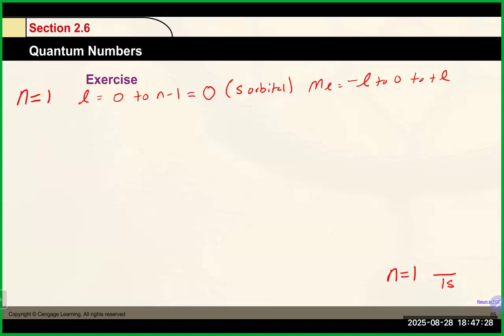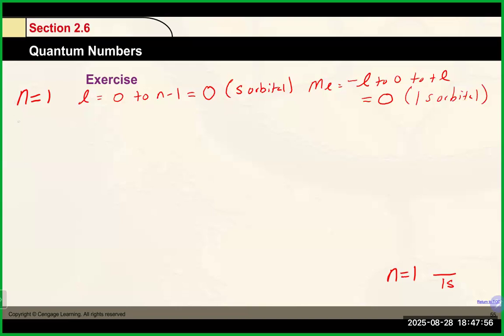The only value I could have for m sub L on the first energy level is 0. And you could have an m sub L for every L value that you have. So since we only have the 0, the only possible one is m sub L of 0. Essentially what that means is I've got one s orbital available to me. And that's basically what that 0 represents.